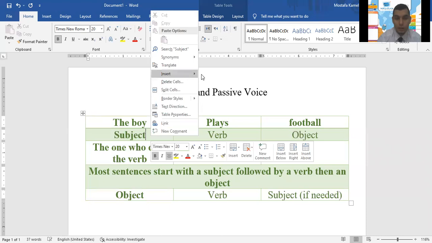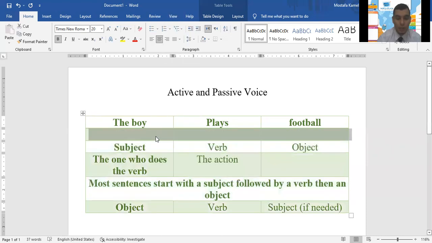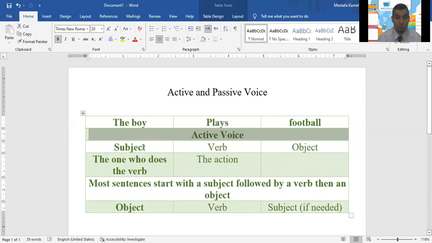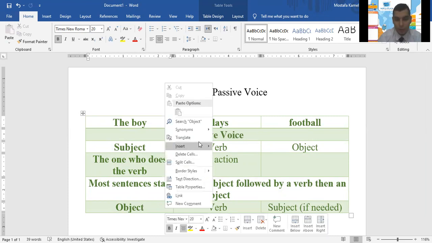Okay. So to put it simple here, we have the active voice. This active voice has the subject, then the verb, then the object. Most sentences start with the subject, followed by a verb, then the object.